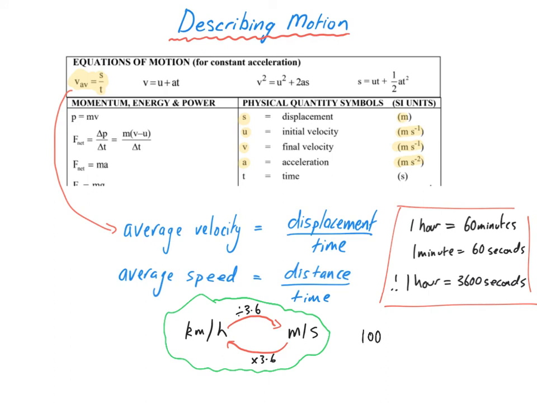Let's say we're converting 100 kilometers per hour and you thought we had to multiply by 3.6. We'll get an answer of 360 meters per second. I'm hoping that you understand that this is completely unreasonable. If you're on the highway going 100 kilometers per hour, you're not travelling 360 meters each second.